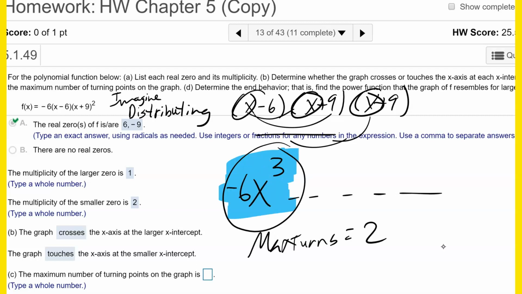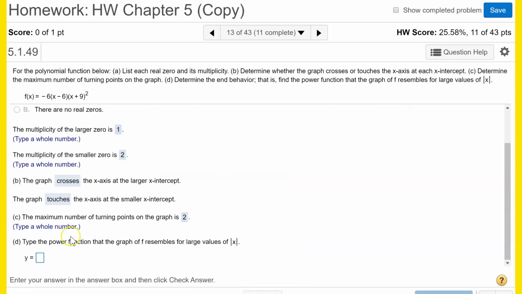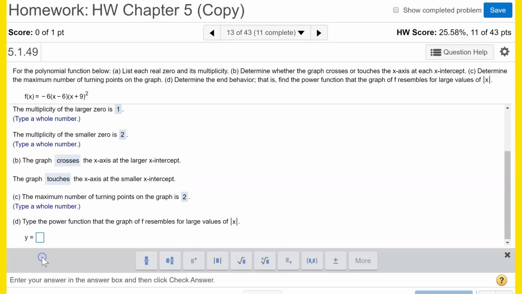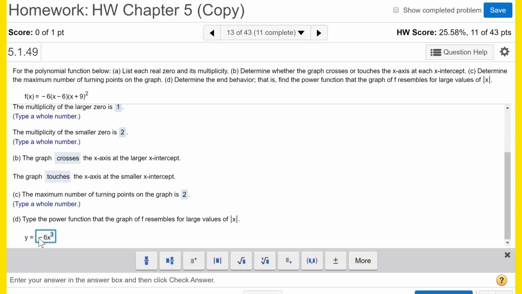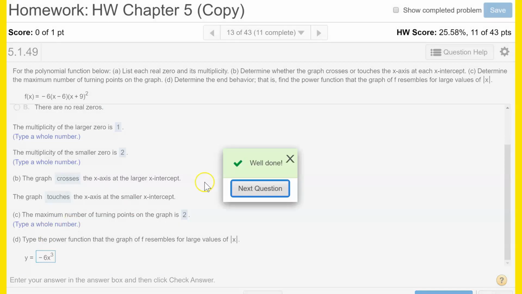The negative 6x cubed is going to determine everything about that function. So that's the answer. It's going to resemble negative 6x cubed for all of those large values of x. In other words, for the end behavior.